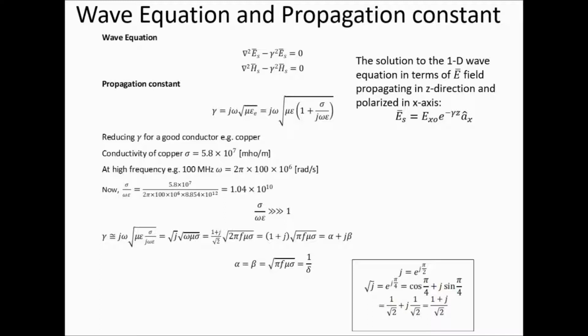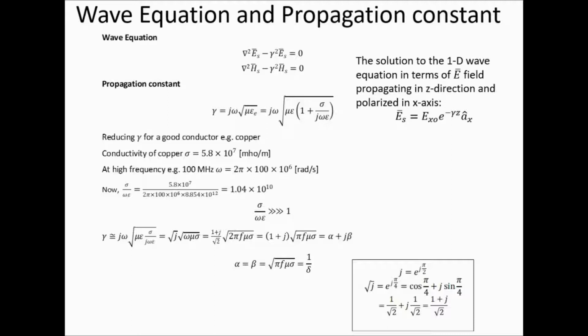If we assume a high frequency electromagnetic signal of 100 megahertz, then the factor sigma over omega epsilon is equal to 1.04 times 10 to the power 10, meaning that sigma over omega epsilon is much larger than 1.